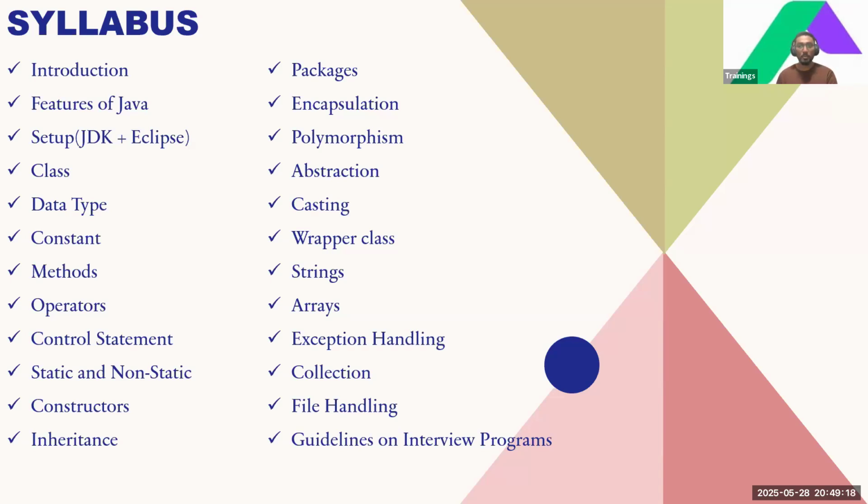I'll be taking easy programs so you can relate those programs with the concept. See, Java is not a theoretical subject. It is a completely practical subject where you will be implementing. Once you join any organization, you will be implementing Java code. So we'll be understanding each and every concept from the syllabus through programs.